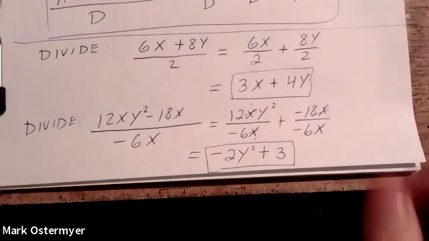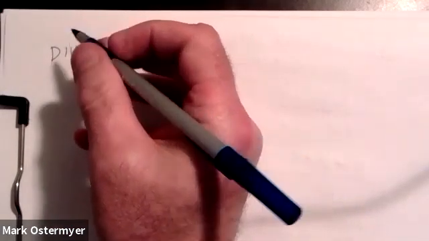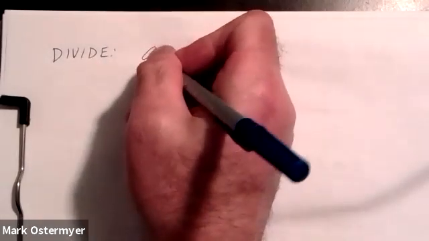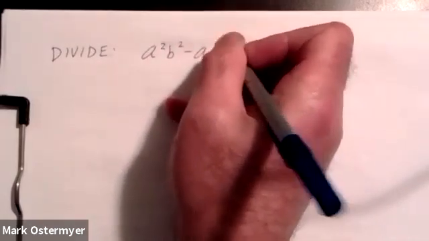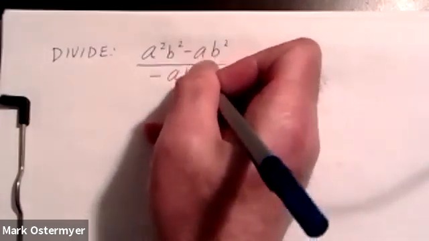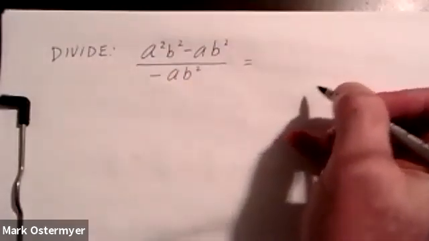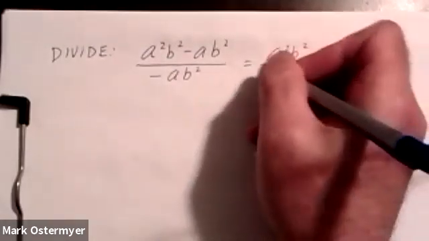All right, let's try another one here. To divide this binomial by this monomial, again, we can split this up, placing each term of the polynomial over the monomial.